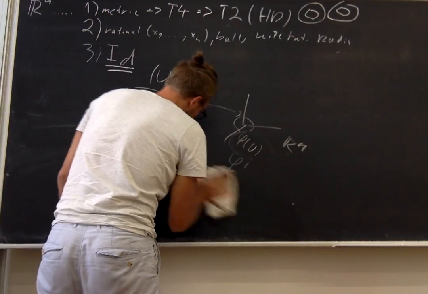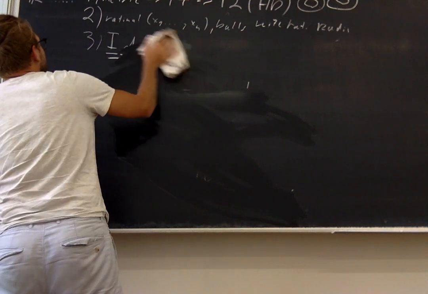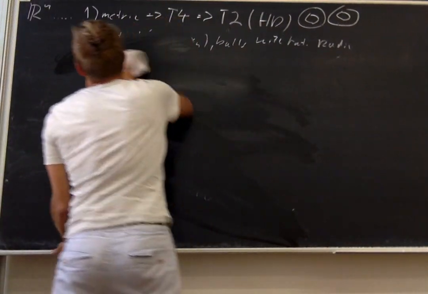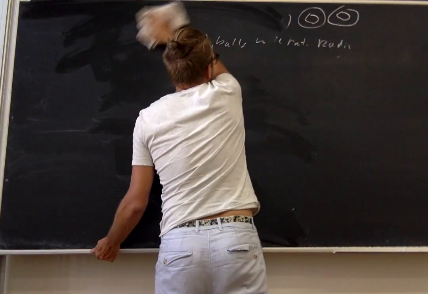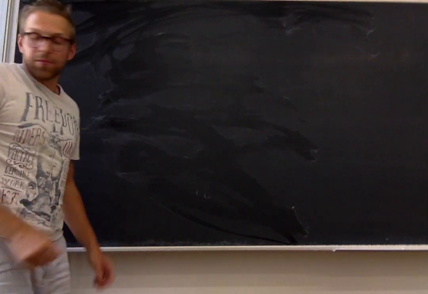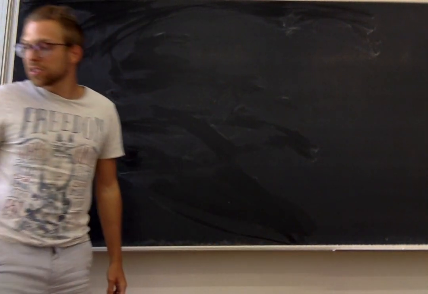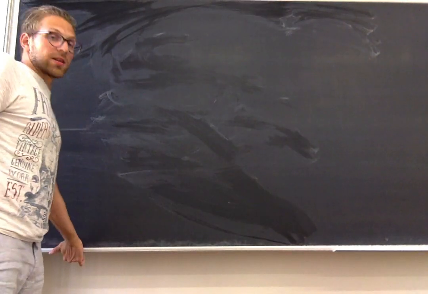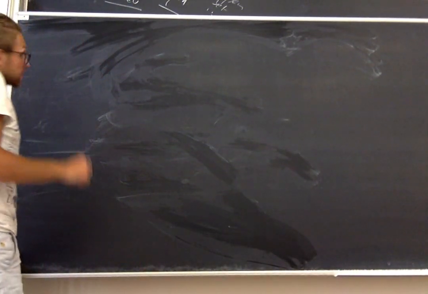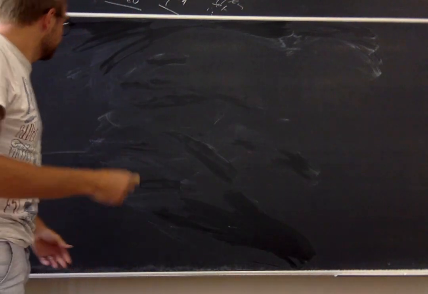So I'm just going to get rid of this and show you the example. This example is concerned with a slightly less trivial topological manifold. Suppose we are in R^(n+1) dimensional space.